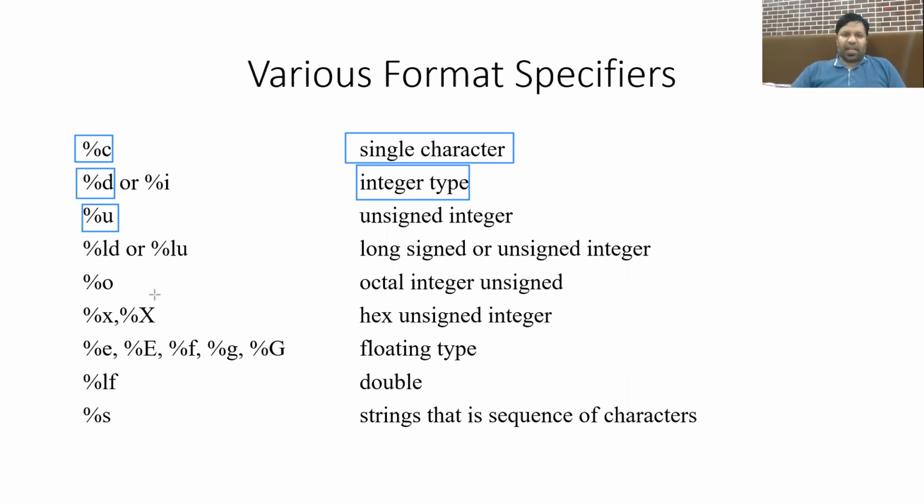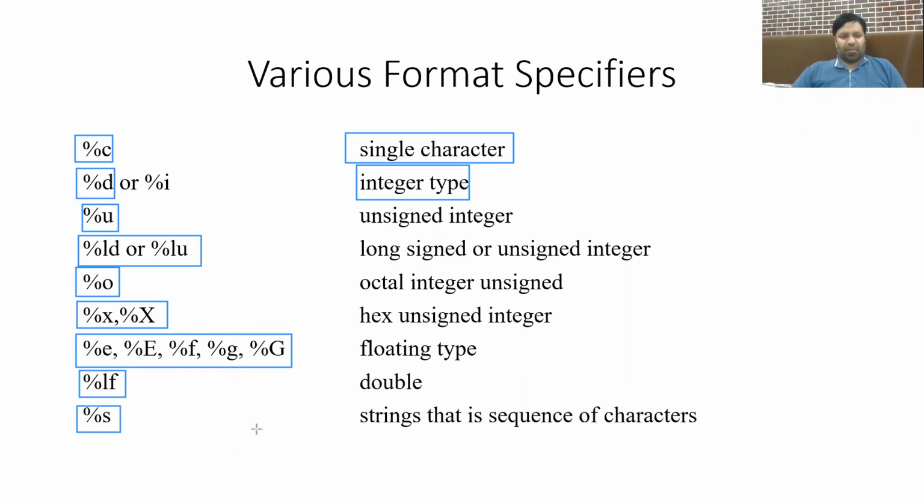For long signed and unsigned integers, you can use %ld and %lu. O is used for octal and X is used for hexadecimal. E, capital E, F, G, capital G all are used for the float data type. For double, we use %lf, and for accepting a string, we use %s.